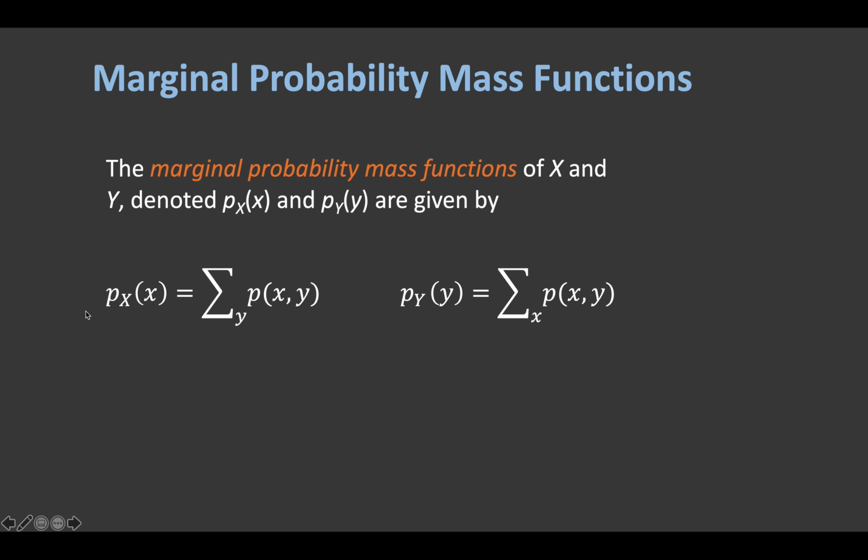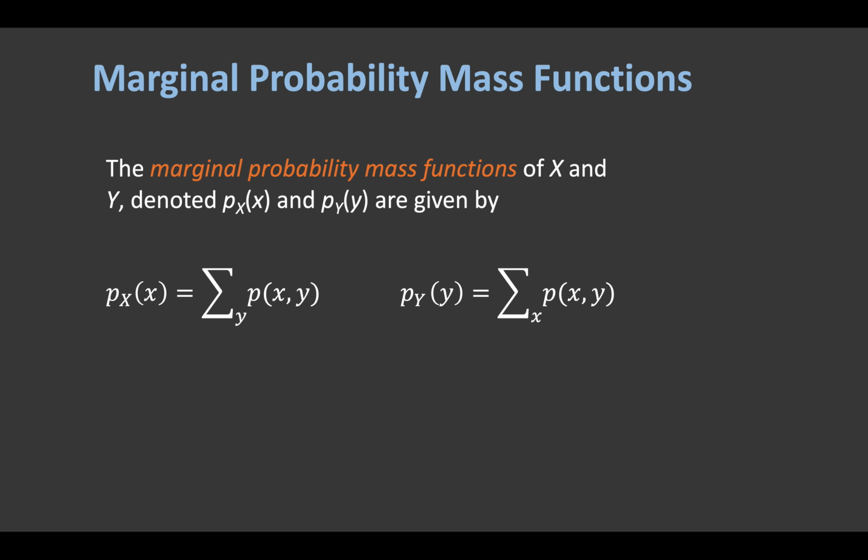So here we are trying to calculate the marginal probability function of x, denoted by this, which basically equals, we control the x, but add all the values for y together. That's how we get the marginal probability mass function of x.